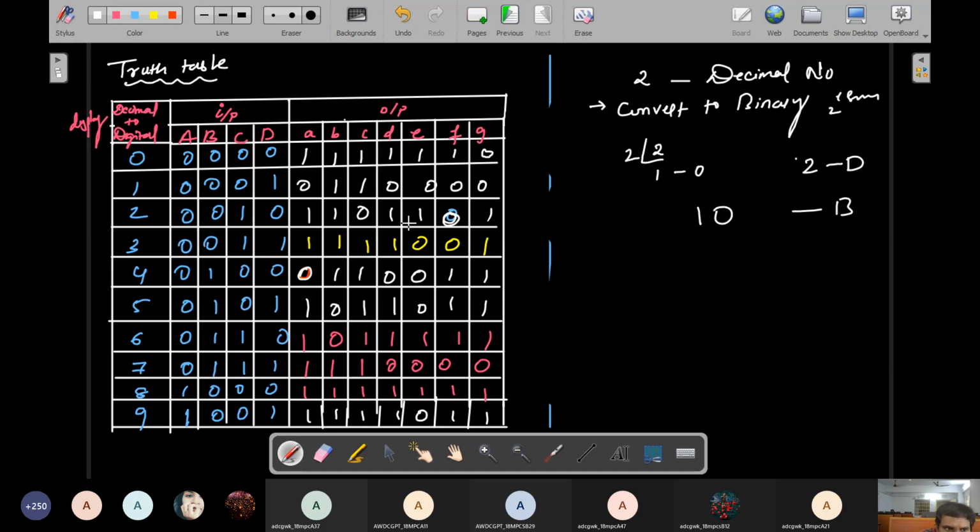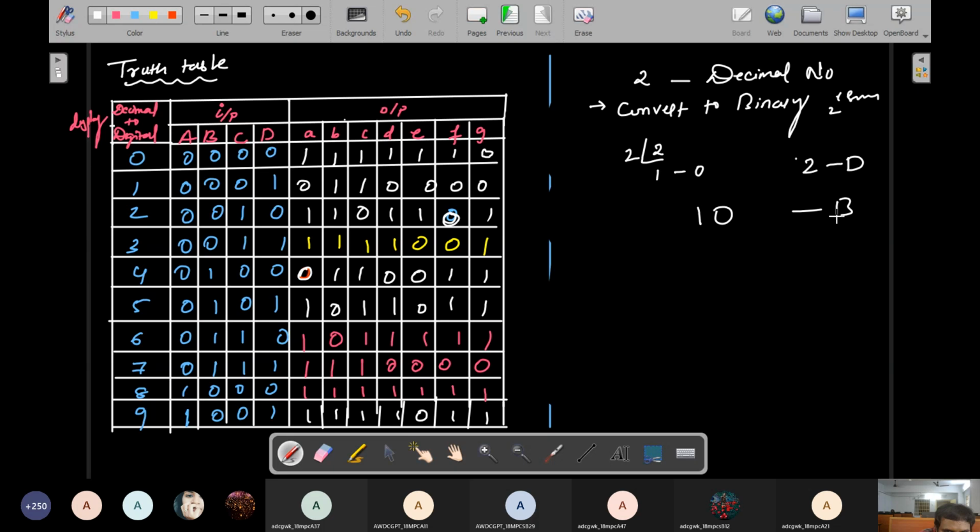But here we are using 4 inputs. So these are the last digits actually. This is a single digit number, so if you divide by 2, you get 2 ones are 2, the remainder is 0, simply 1 0.